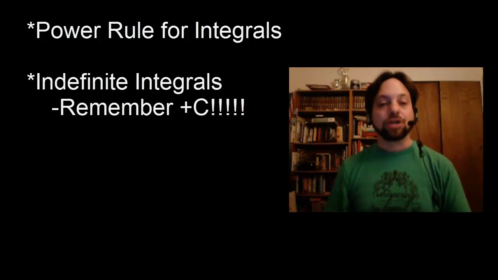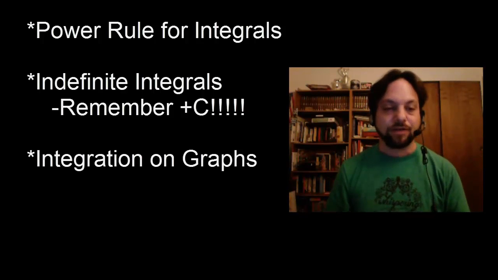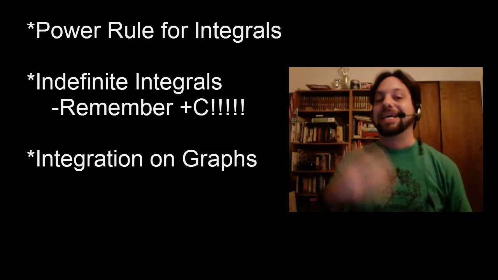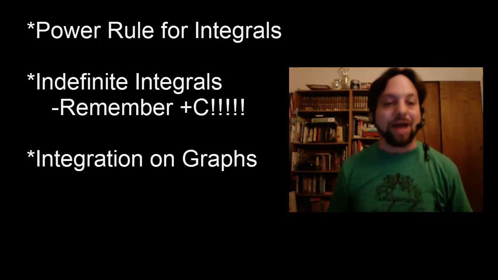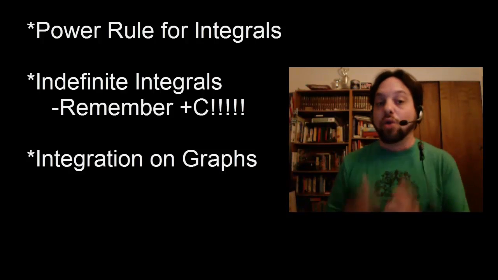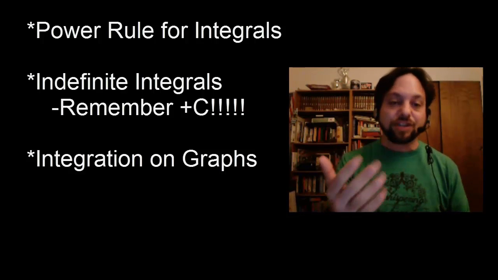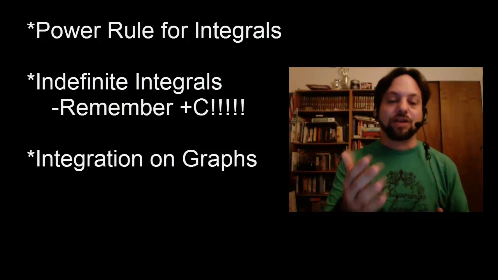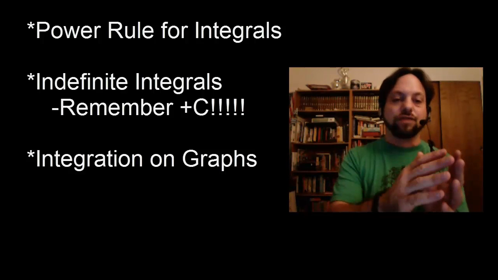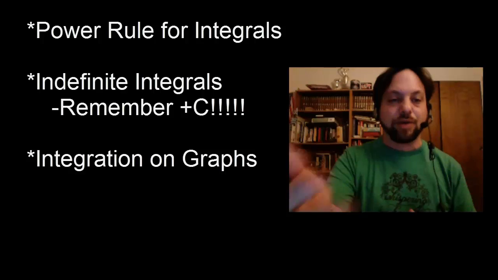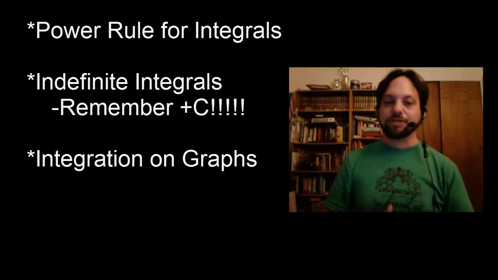From there, we took a look at a graph of a derivative and found the original function. Essentially, we integrated graphically, if you want to look at it that way. We didn't have the function, so we couldn't integrate the function itself. But graphically, we came up with the original function that would have had the given graph as its derivative. That was a fun time.